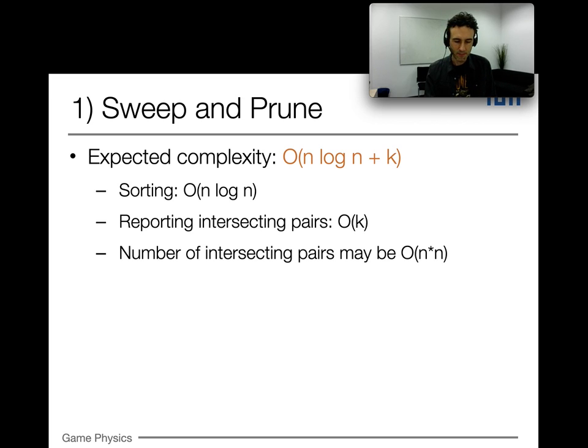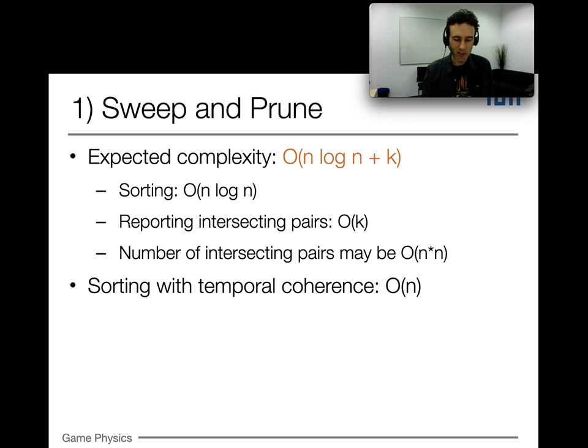So in a way, all of these broad phase steps will have such an additional complexity for reporting the pairs. As an outlook, you can move the sorting down to O of n if you track these over time and then only locally update the lists as these AABBs kind of shift around.